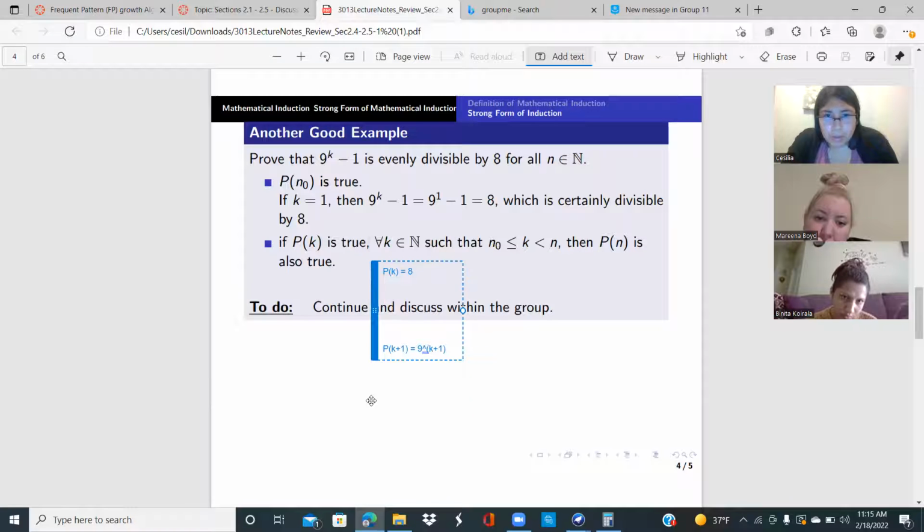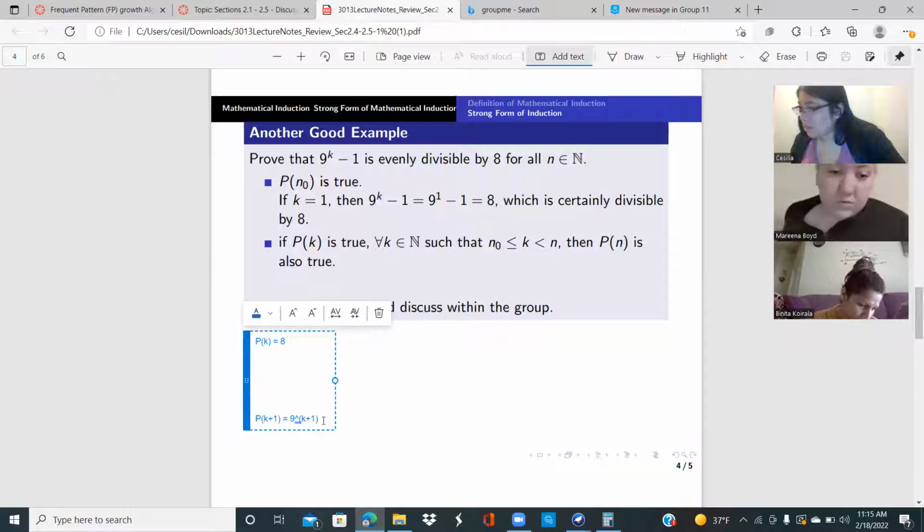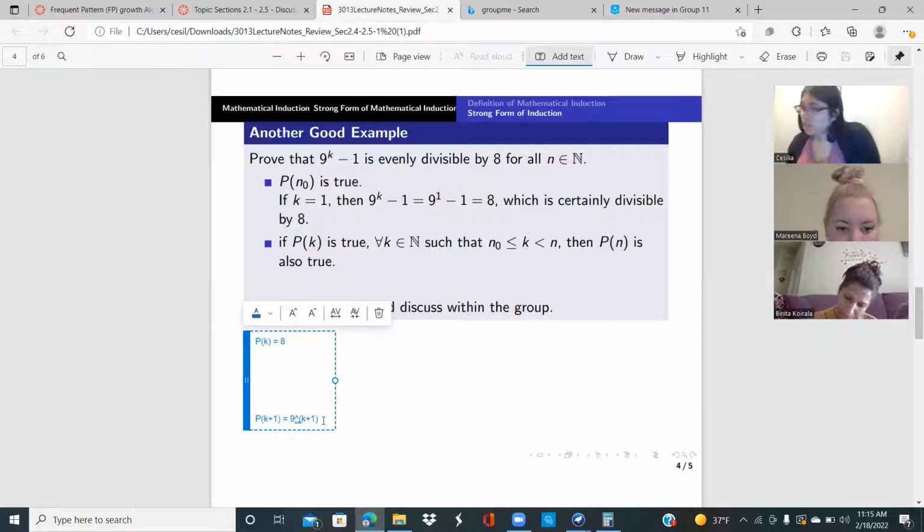Let's see, let me do this first. It's quite similar to the example in slide 3, right? Yeah, let me see. Is it? Oh no, I don't think so. I don't remember which one this is.